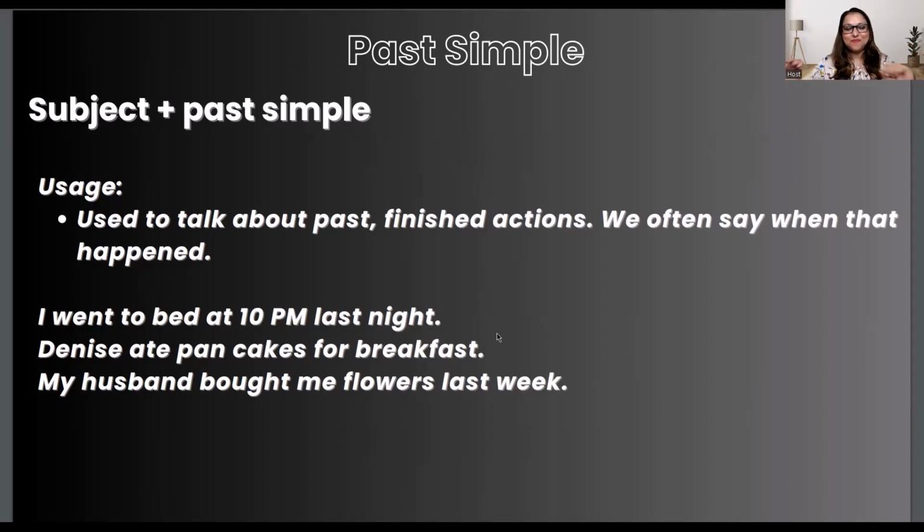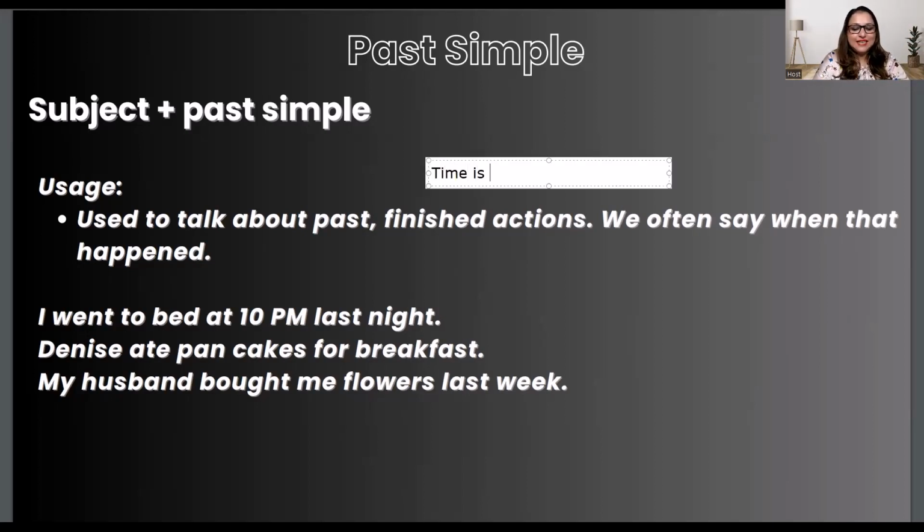Usage: used to talk about past finished actions. We often say when that happened. So the takeaway is that time is mentioned.